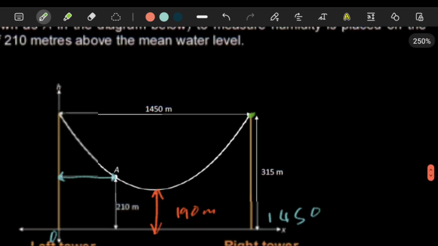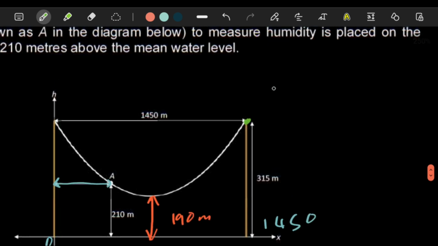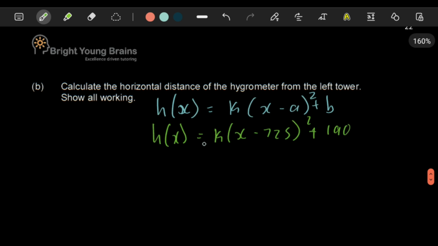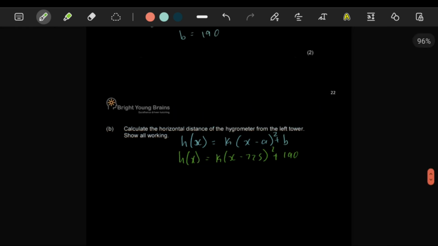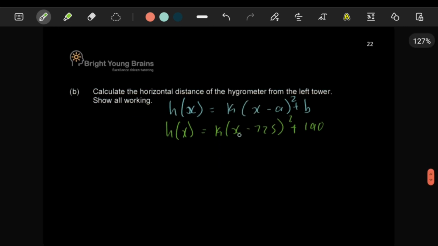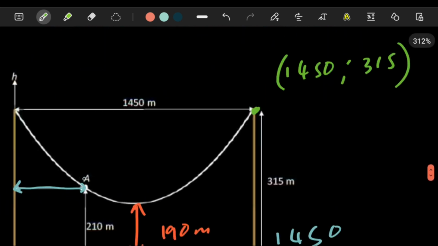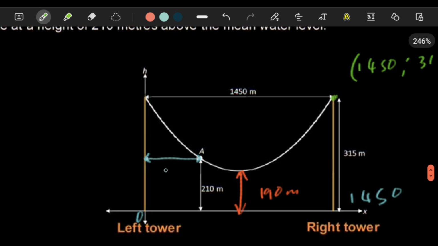The x value there is 1450. The y value there is 315. So let's throw those into our equation, because we want to get a value for K and then use that equation to get the x value of A, because as long as we get the x value of A, we get that distance.